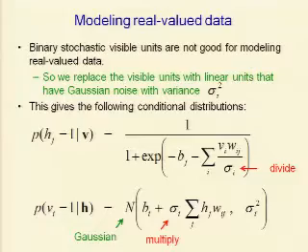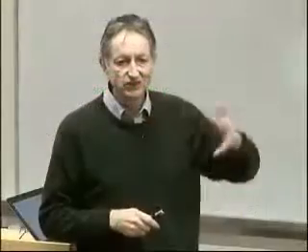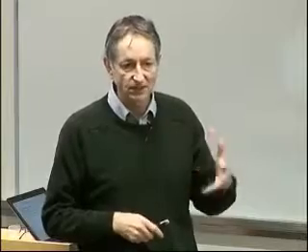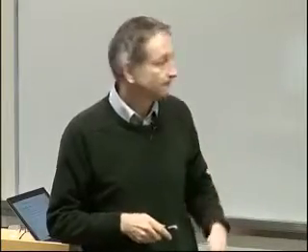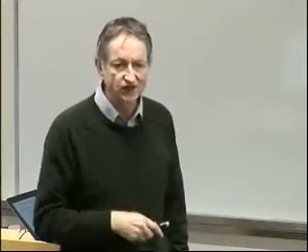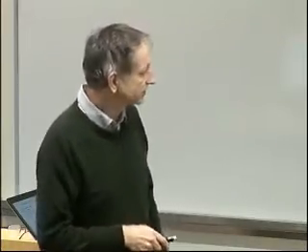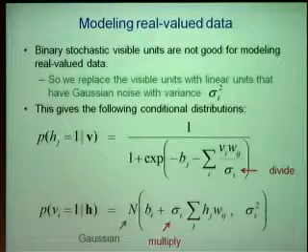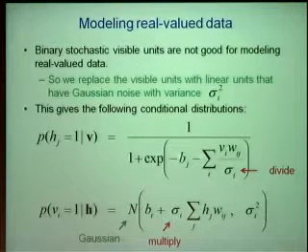Now, one thing wrong with it was we started off developing it for binary data, and most of the things you want to apply it to, like speech and vision, have real values. So we're going to modify the model just slightly. We change the underlying energy function, and the result of changing the energy function is that the rule for setting the states of the hidden units is basically just the same, except that the activity of a visible unit needs to be measured in units of its standard deviation.